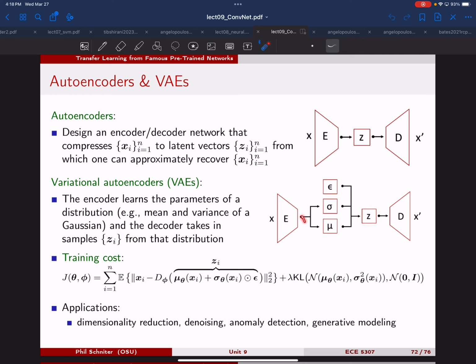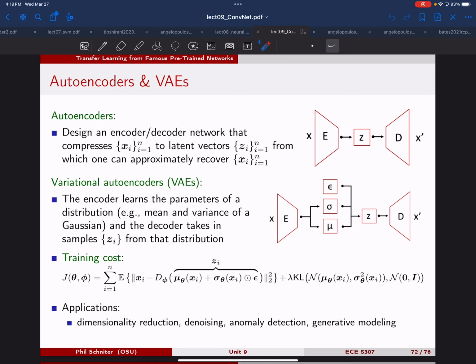So rather than going directly to the z, the encoder generates these statistics, from which you take a new random vector, combine it with the statistics, and push it through the decoder. VAEs, generally speaking, work much better than these autoencoders.